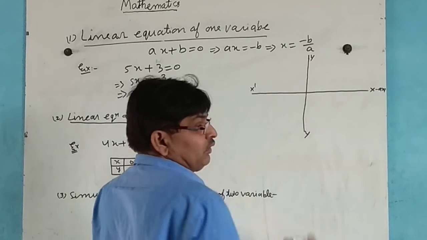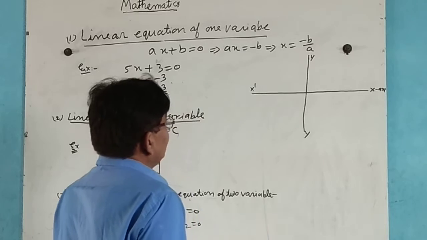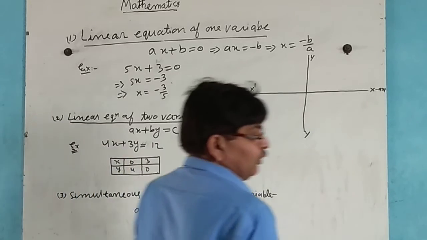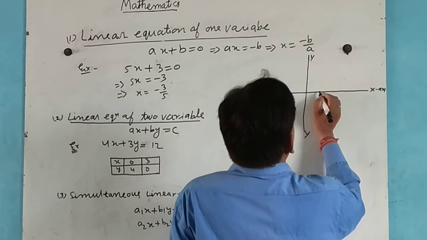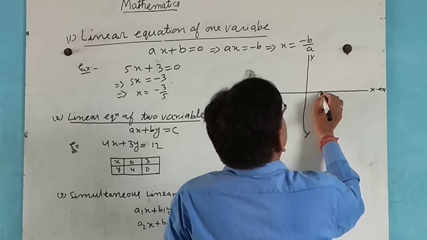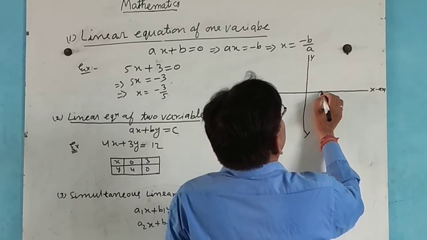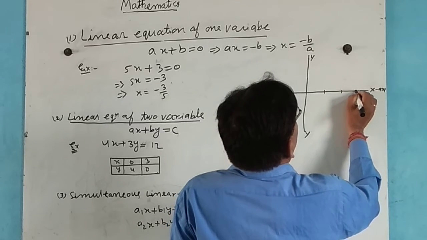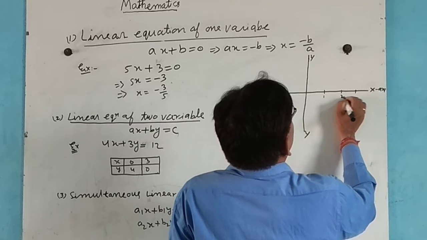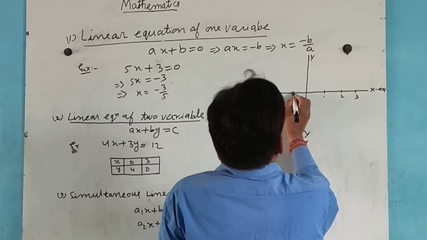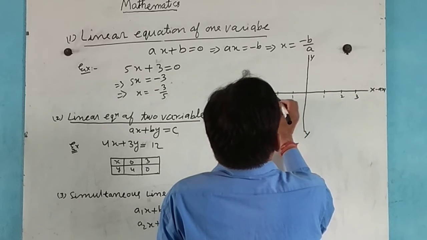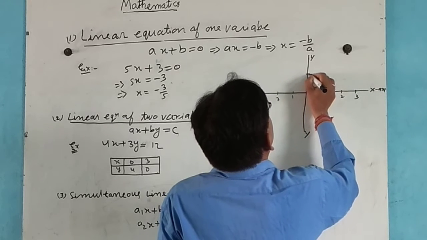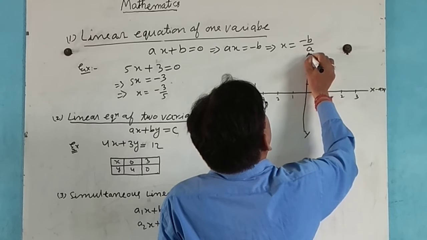This is the origin, and we plot this on the graph paper. First of all, we take some same distance. Now 1, 2, 3. Here also 1, 2, 3. Here also 1, 2, 3, and so on.